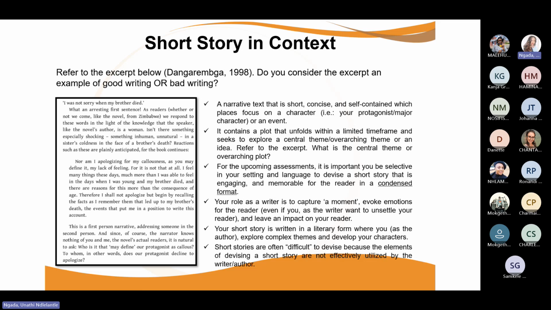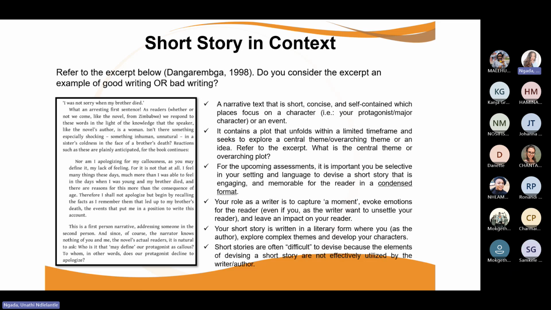The setting informs how many characters you are going to put in this narrative text. The language also informs how many characters and what kind of characters you're going to put into this narrative text.